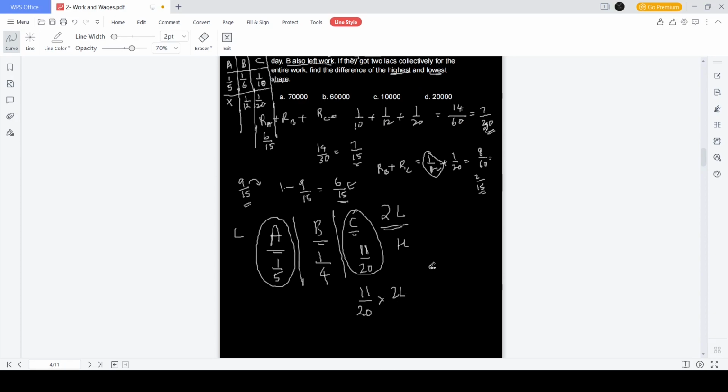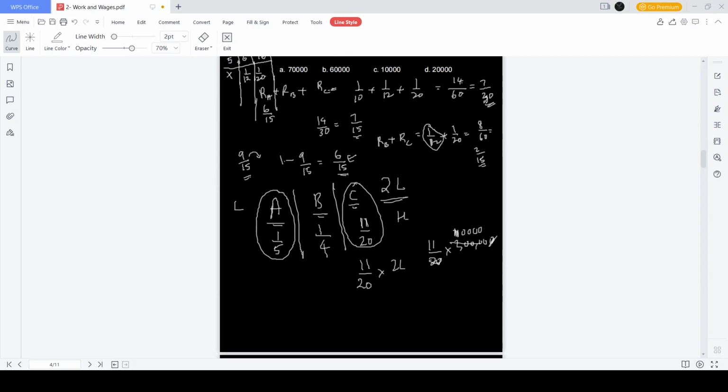So that is nothing but 11/20 into 2 lakh. This becomes 10,000, and then C gets 1 lakh 10,000, sorry, 1 lakh 10,000 is the amount C gets paid for doing the work.